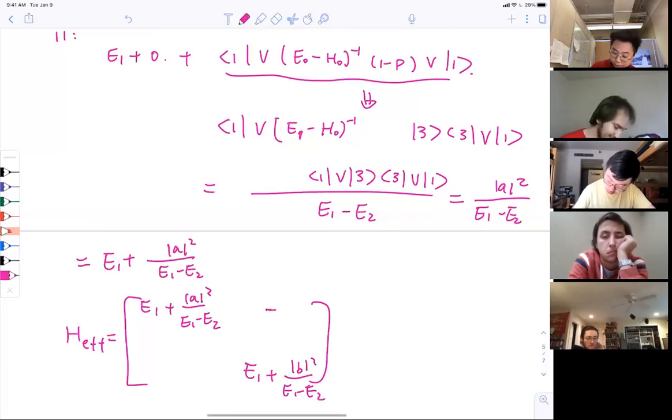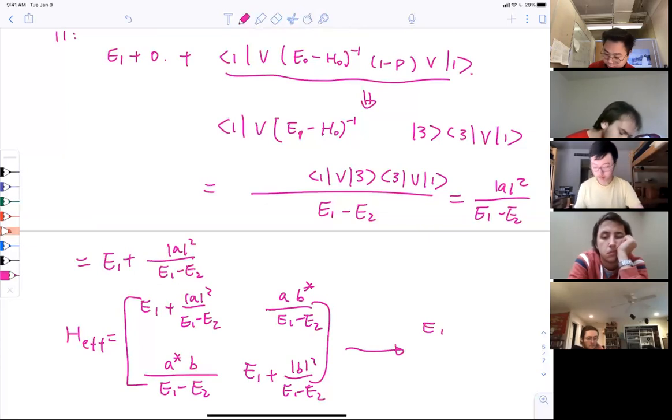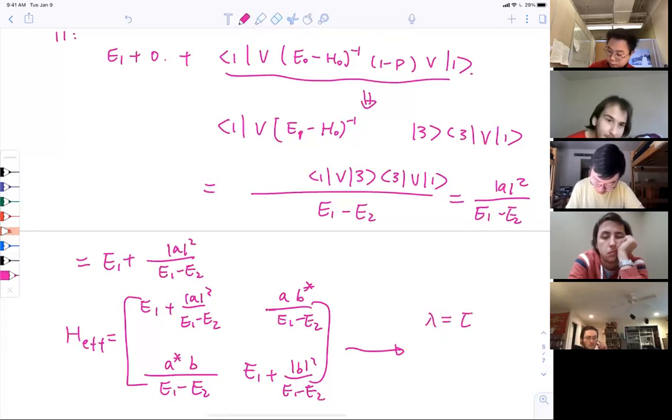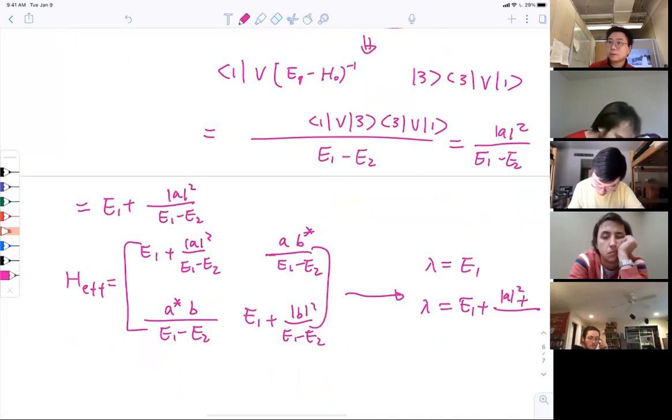And this one is E1 minus E2 AB star, E1 minus E2 A star B. And then if you diagonalize this guy, you would get the correct result, which I think is one energy is E1, remains the same, and another energy is E1 plus A squared plus this.